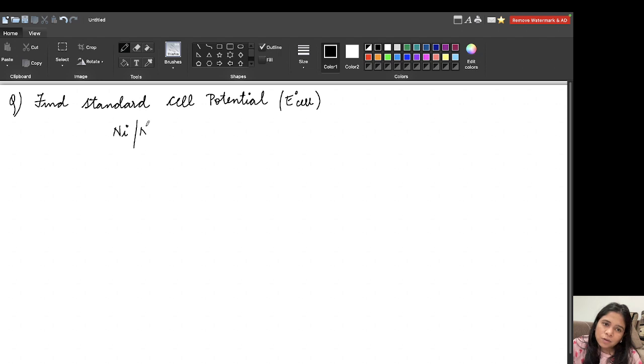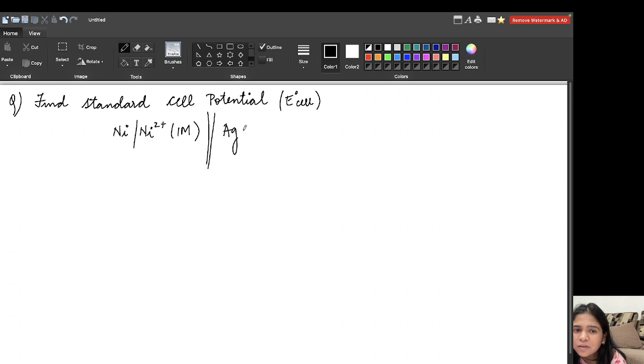Ni is giving you Ni2 plus. What is this, oxidation or reduction? Ni is losing electrons to give you the ion Ni2 plus, so it means oxidation. Oxidation is loss of electrons, right? And whenever there are ions, in most cases they'll write the molarity. Here is your salt bridge. This is how you represent a cell, right?